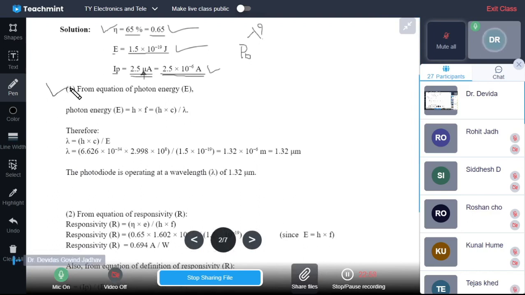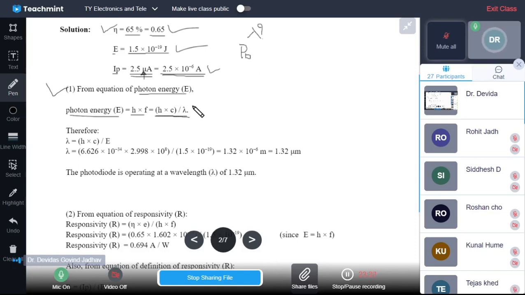From the equation of photon energy, E is H into F, or if F is substituted as C by lambda, E is H C by lambda.